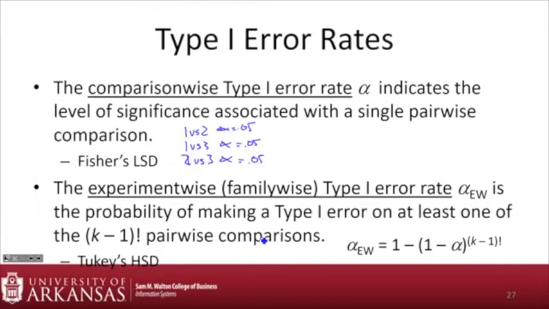So here, we're going to have, again, 3 groups. 1 versus 2, 1 versus 3, 2 versus 3. And we'll have 1 minus 0.05. In this case, k is our number of groups, so 3 minus 1 factorial. Do you need to know this math?